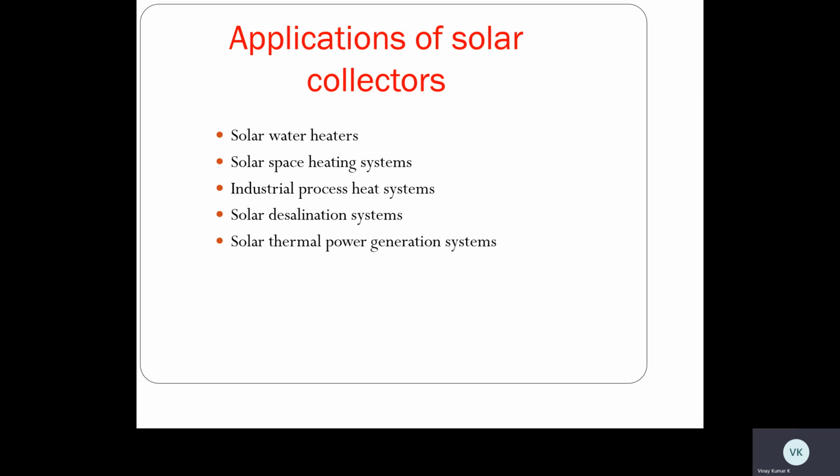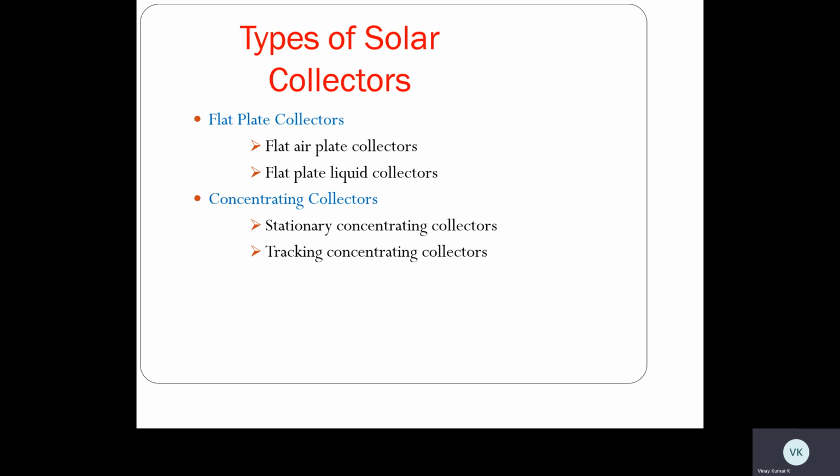And what are the different types of solar collectors? There are two kinds of solar collectors: flat plate collectors and concentrating collectors. The flat plate collectors are again divided, based upon the collecting medium, into flat plate air collectors and flat plate liquid collectors.